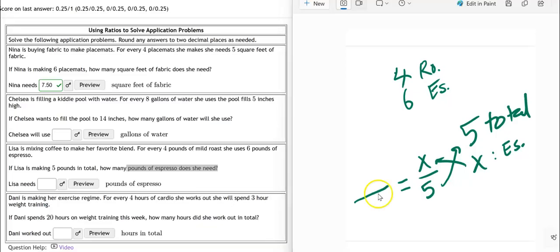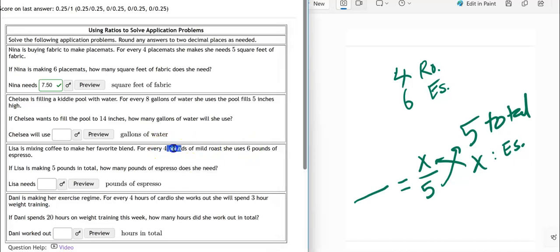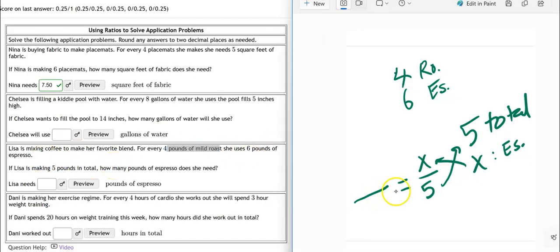When you write the fraction, the top numerator goes to the espresso. For every 4 pounds of roast, you have 6 pounds of espresso, so 6 goes here on the top because 6 is the espresso. But in the bottom, don't put the 4, because 4 is the roast.